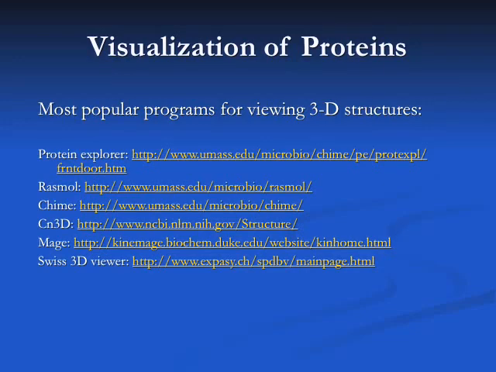Some of the more popular programs for viewing 3D structures: absolutely my favorite is Protein Explorer, which you can download and install on your machine. I think RasMol is still out there, Chime, Cn3D, and Kinemage out of Duke University is a good one. SwissProt has a viewer called Swiss 3D Viewer.